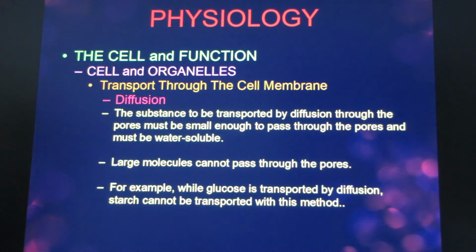Large molecules cannot pass through the pores, and these molecules have to be taken into the cytoplasm with different methods. For example, while glucose is transported by diffusion, starch, which is a bigger molecule of sugars, cannot be transported with this method because it's quite a big molecule.